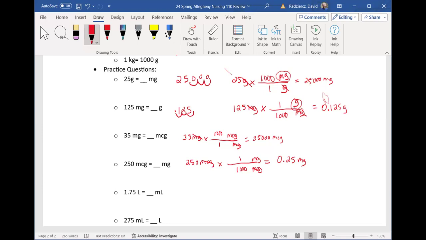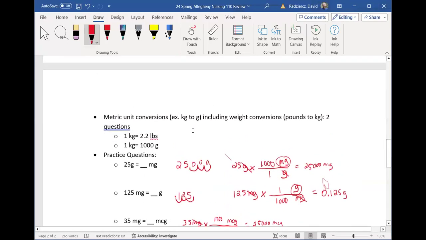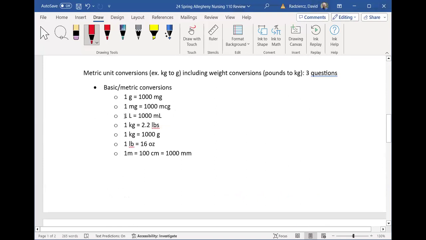All right, let's do liters to milliliters. I'm going to take my 1.75 liters. And I wanted to see if I can convert liters to milliliters. So I'm going to go back up. If you don't already have it memorized, you know that 1 liter is 1,000 milliliters. You'll notice that 1,000 seems to be the number of concern.